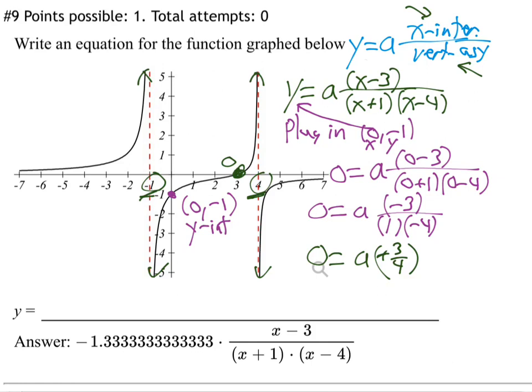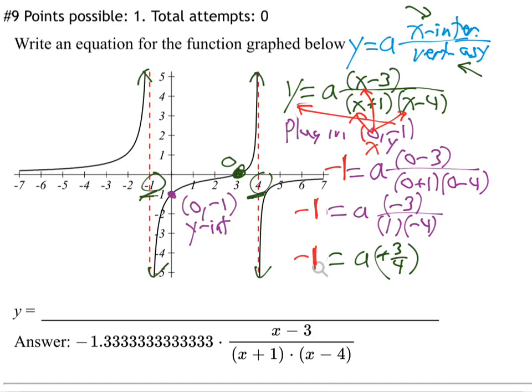We're trying to find out what a is. Oh, wait a minute, what am I doing? I put in 0. Y is supposed to be -1, right? I did this backwards. Let's try this again. I totally messed this up. Sorry about that. So the y is -1, and the x is 0. I put 0 in for both. That was crazy. All right, so we get to here.